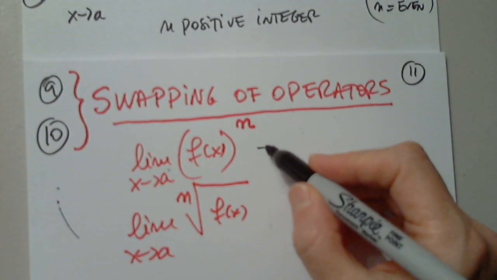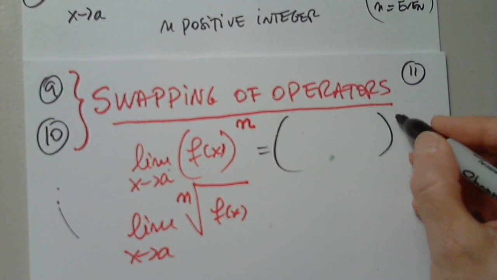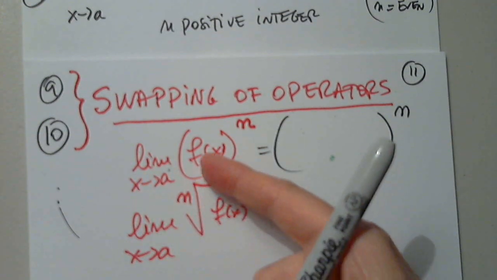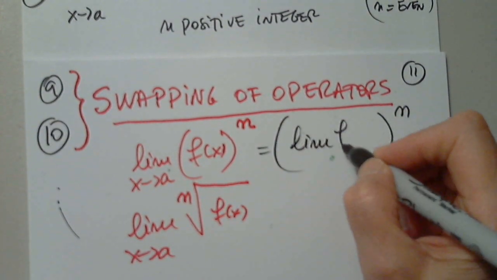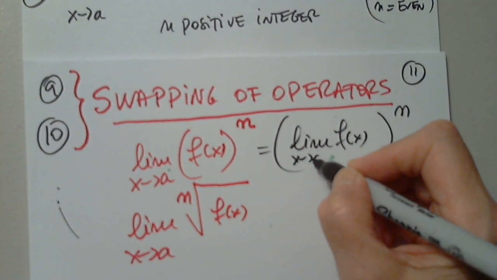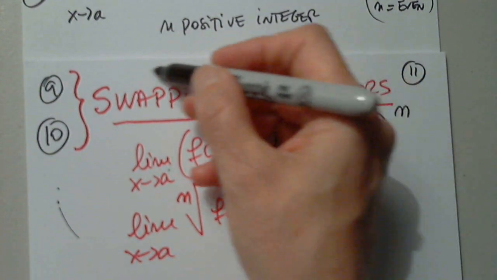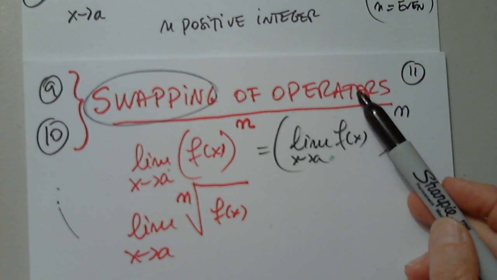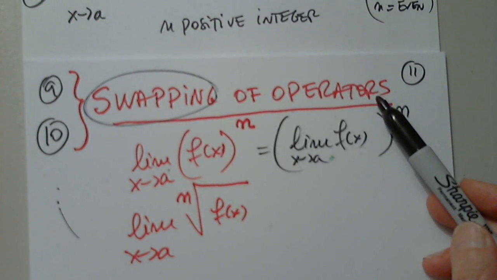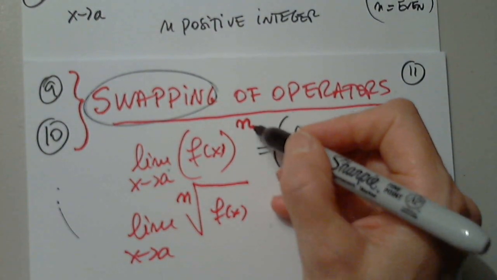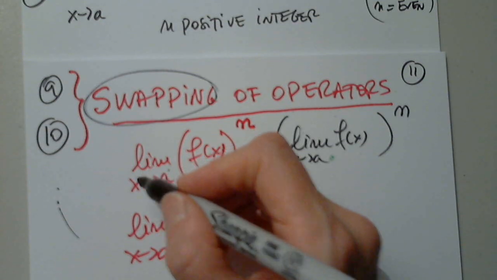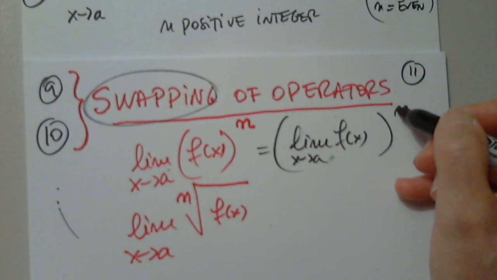Well, I can swap them. I can make this one the first operator, and I can make this one the second. So I swapped the order of the operators. This was number one, this was applied second, but now this is number one and this is applied second.